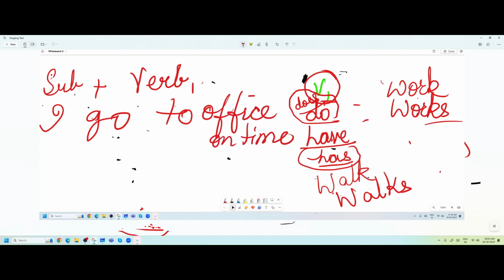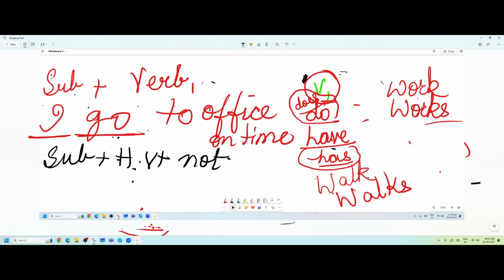That's my sentence. I go to office. So this is my subject. This is my verb. Now I need to make a negative sentence. So let me change the color. So here, what am I going to do? I'm going to add a helping verb. Subject plus helping verb plus not plus verb in the first form.